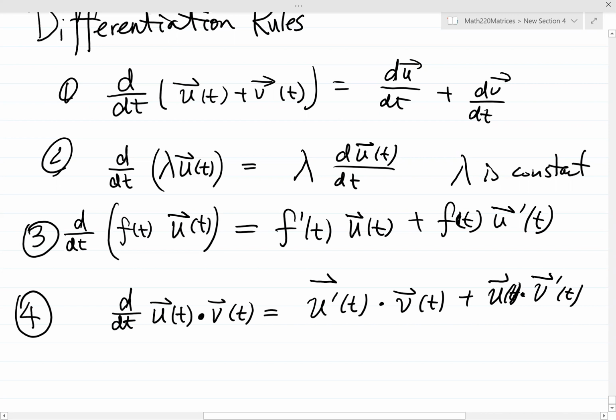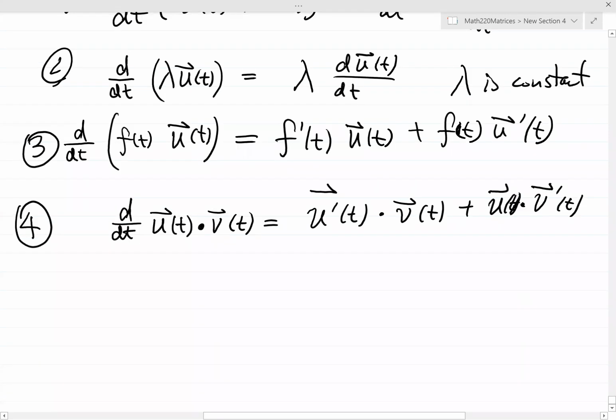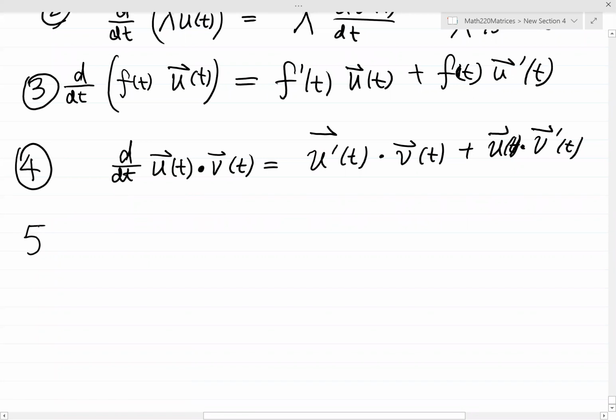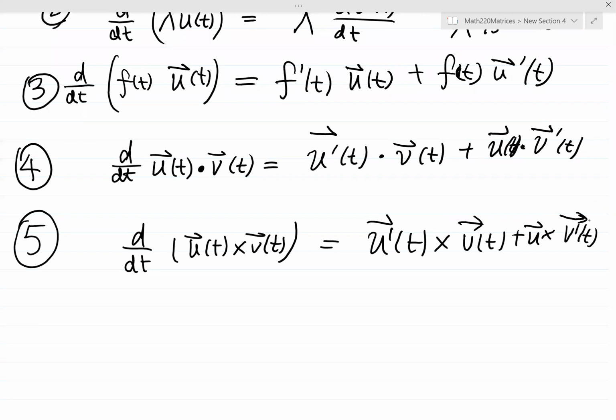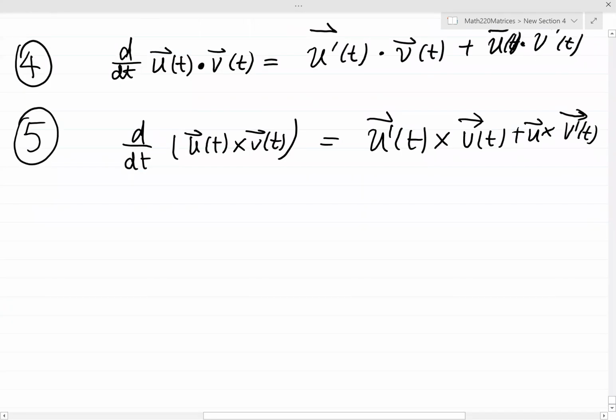Now for the cross product, we also have a product rule. d/dt of u cross v is u prime cross v plus u cross v prime. Okay, so these are the differentiation rules.